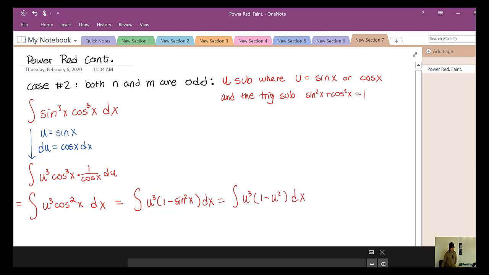And from there, that's a pretty simple integral. This distributes out into u cubed minus u to the 5th. And then that integral will be 1/4 u to the 4th minus 1/6 u to the 6th.